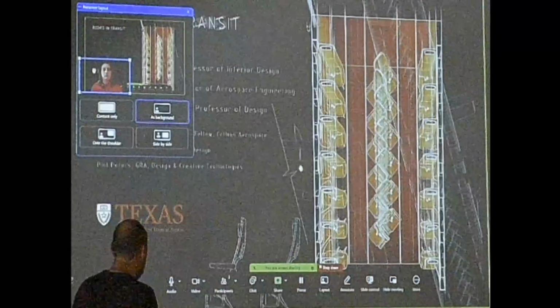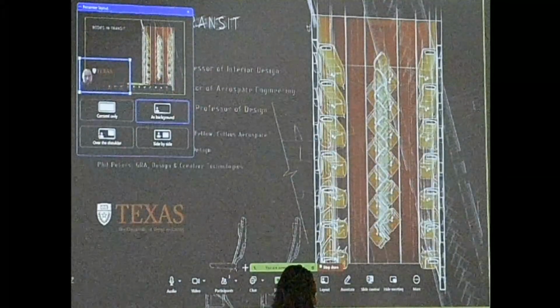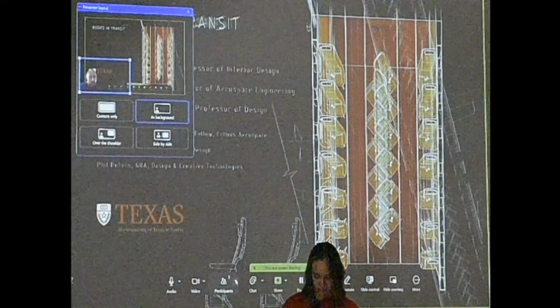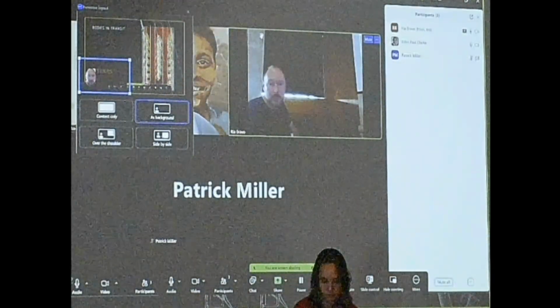There probably is a way that participants, oh, please. Please do. I'm no expert in this. Show the participants but still share the screen.